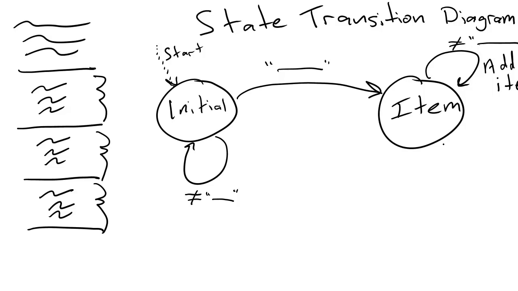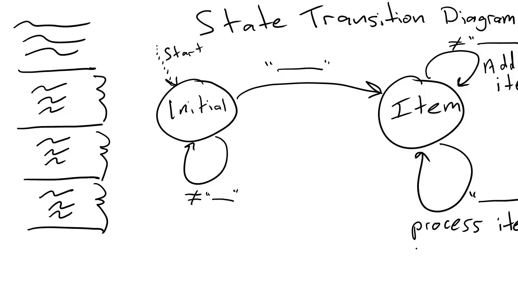On the other hand, if we do see a dash line, we're going to stay in the item state, but now we're going to process the existing item and we're going to reset the item. And we keep on going, and that's it.